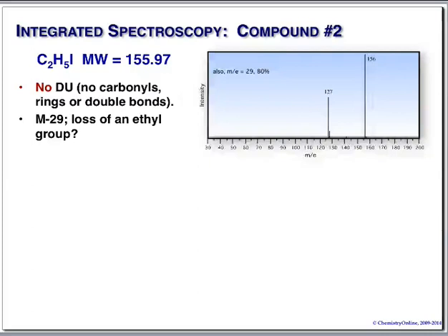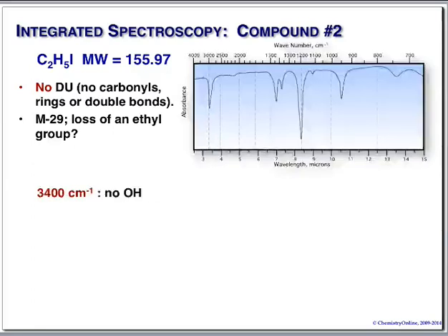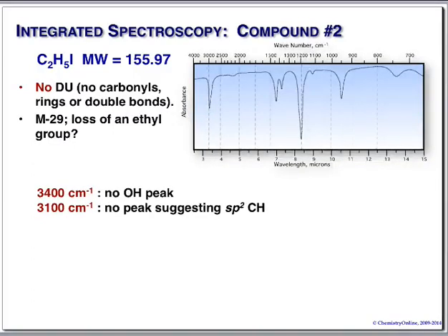Because this only went down to 30, and there's another peak at 29. That's what's left of our ethyl group. Again, the ethyl weight is 29. So if I would have taken this down to 0, we'd have another peak. The graph looks different than what you've shown us before, so the highest number, that's always going to be our molecular ion. Pretty much.